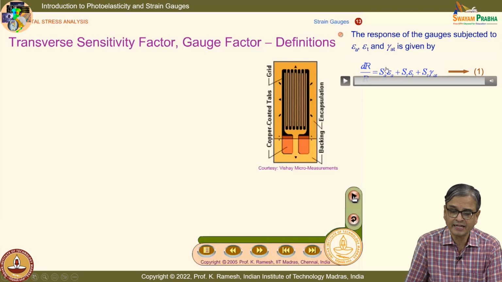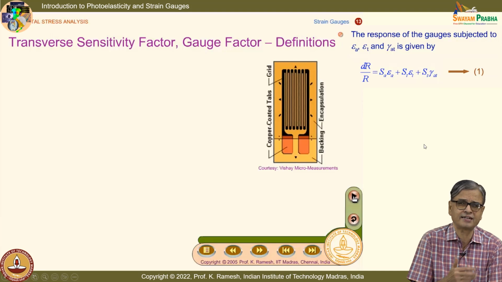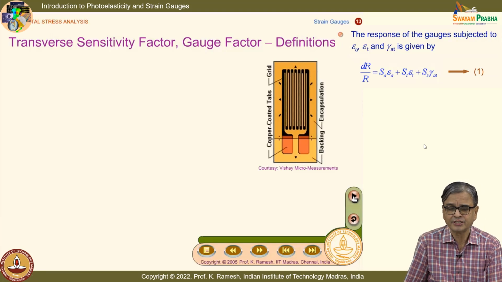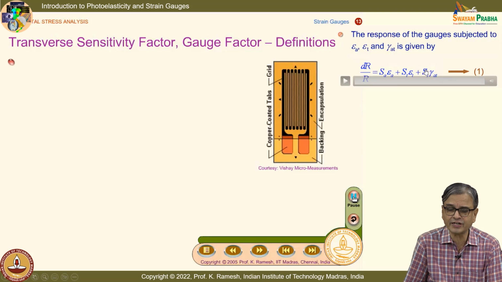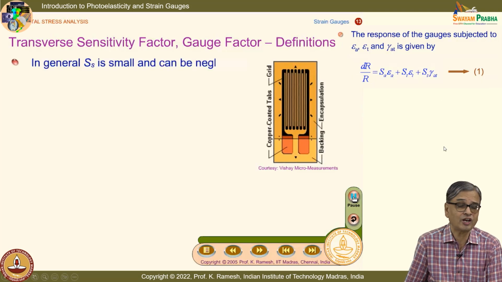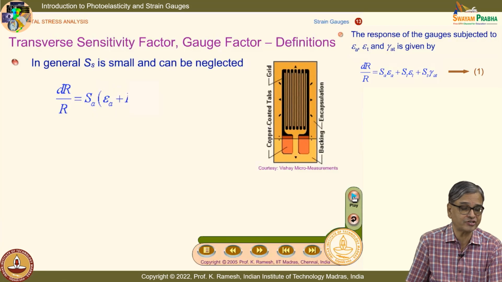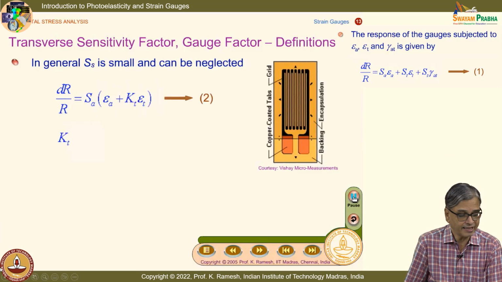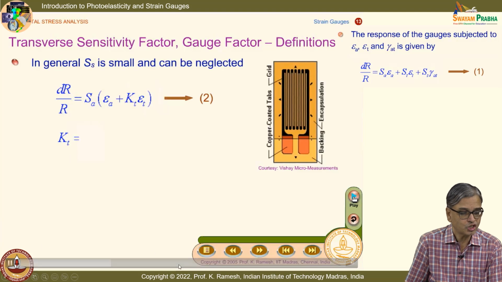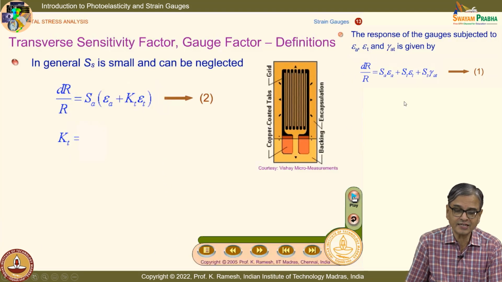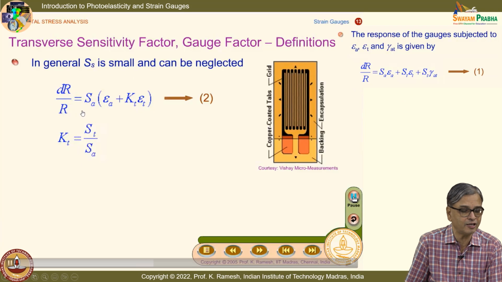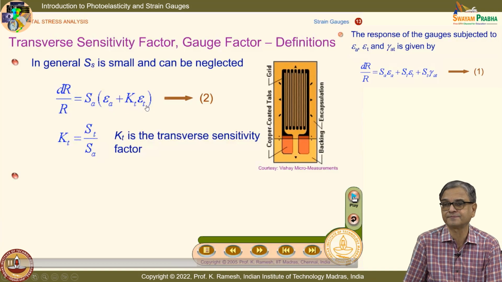So it is sensitive to epsilon A, epsilon T, as well as shear strain. But because of the way I construct the gauge, I can neglect the effect of shear strain, but I cannot neglect the effect of transverse strain in critical applications. So this expression simplifies to delta R by R equal to S_A multiplied by epsilon A plus K_T into epsilon T.